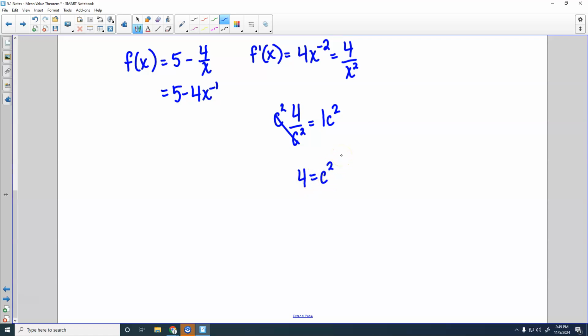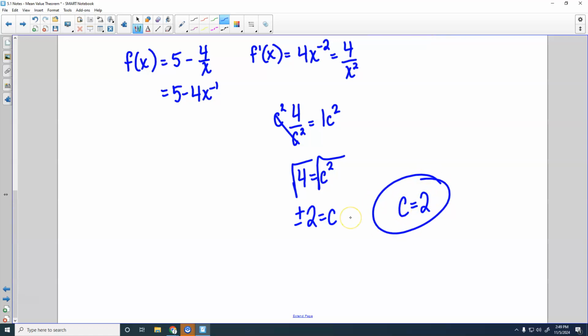What do we do now? Square root both sides, which technically gives me plus or minus 2, but is negative 2 on the interval that we're looking at? It is not. So we would just say c equals 2 for that. Okay, questions?